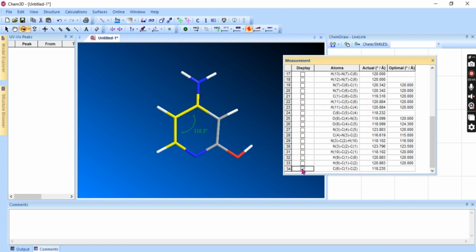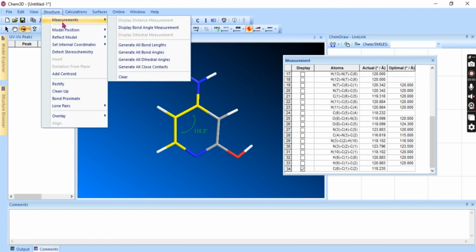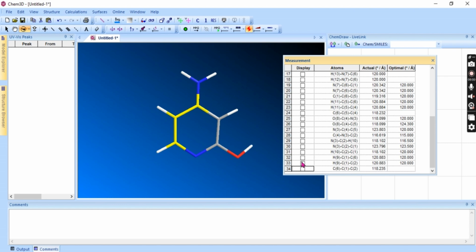What we are checking are the bond angles. The bond angle between carbon 1, 2, 3 is 118, and if we check hydrogen 9, carbon 1 and 2, it's a 120 angle.